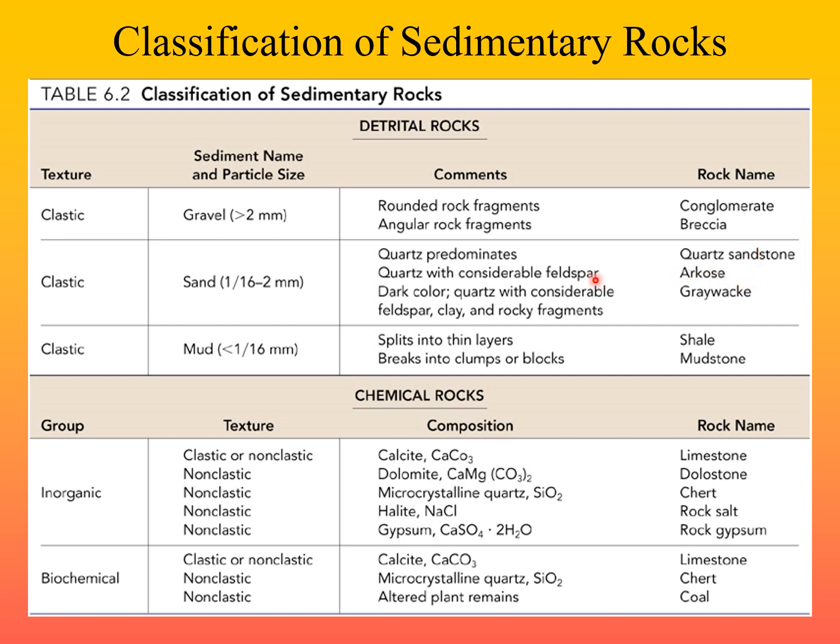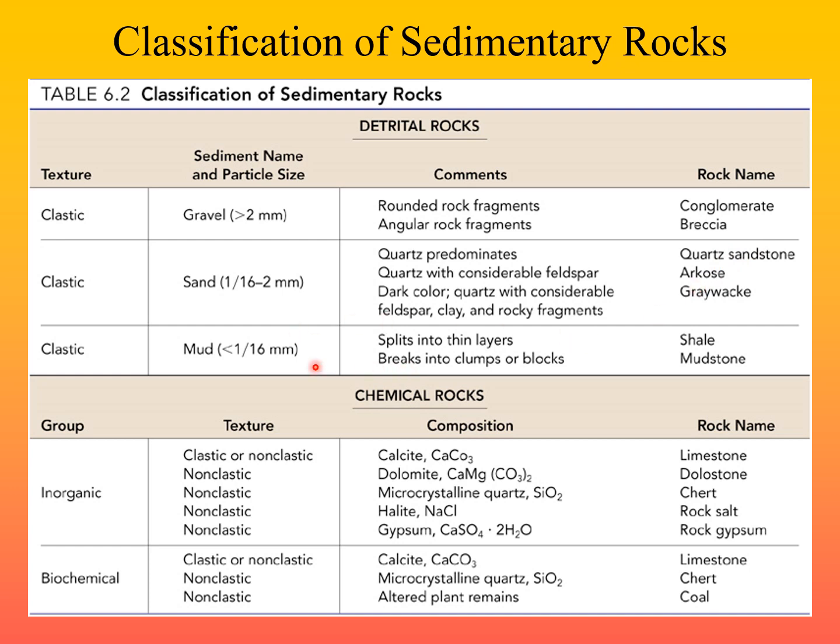It's a kind of sandstone, but it's just got a ton of feldspar in it, so it's not that nice clean white or yellow color or gray color, I guess. So any kind of red tinge, we would call it arkose usually. Then you get dark colors with considerable feldspars, clays, and rocky fragments. We call that a graywacke. That's not in your kit. These two are in your kit.